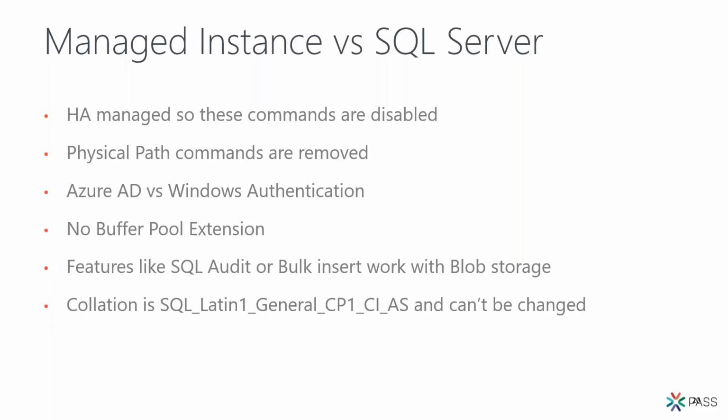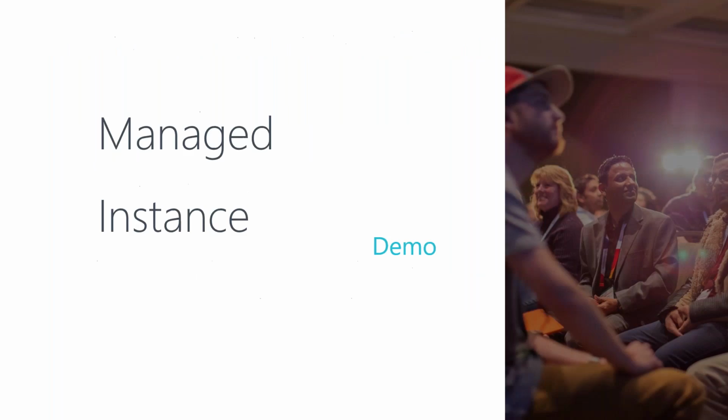For now, it is using the current SQL Server default collation, which is that one that's on the screen there, the Latin case insensitive, accent sensitive, and at least for now, it cannot be changed. I would assume this is going to change. Probably this might be a limitation only for the preview. In order to support many geographies and all types of languages around the world, I assume this is going to be changed as managed instance moves into general availability.